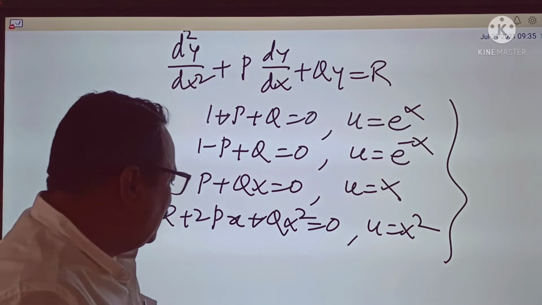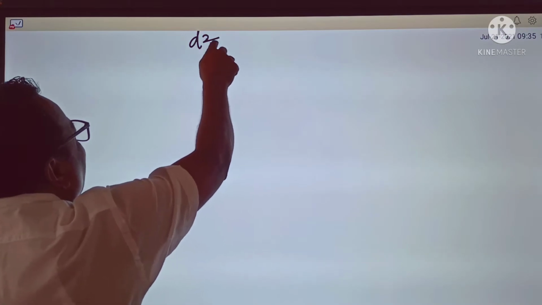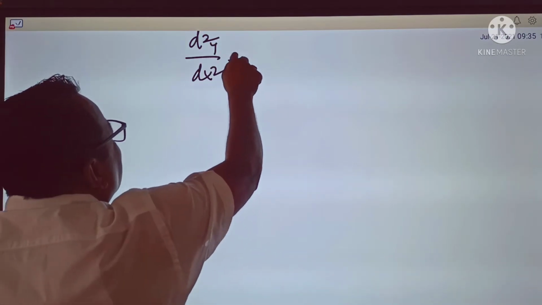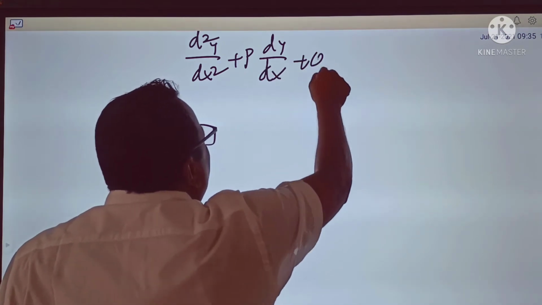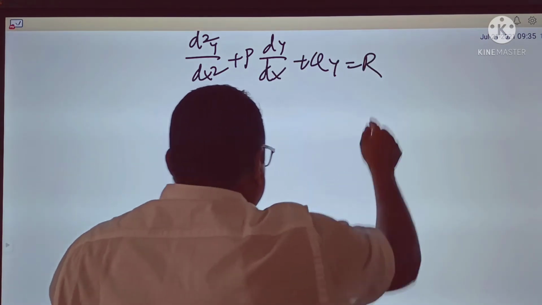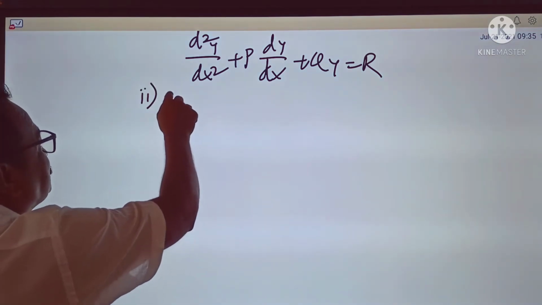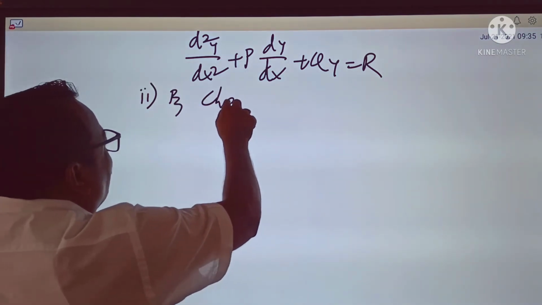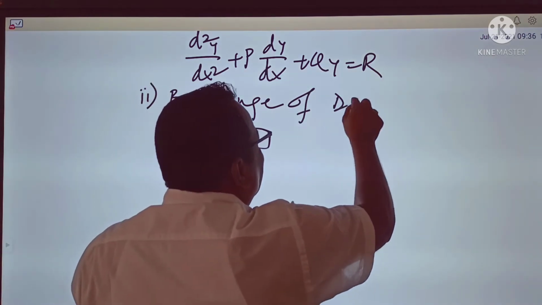Once again I want to write d2y by dx square plus p into dy by dx plus q into y is equal to r. The second method we have seen is by change of dependent variable.